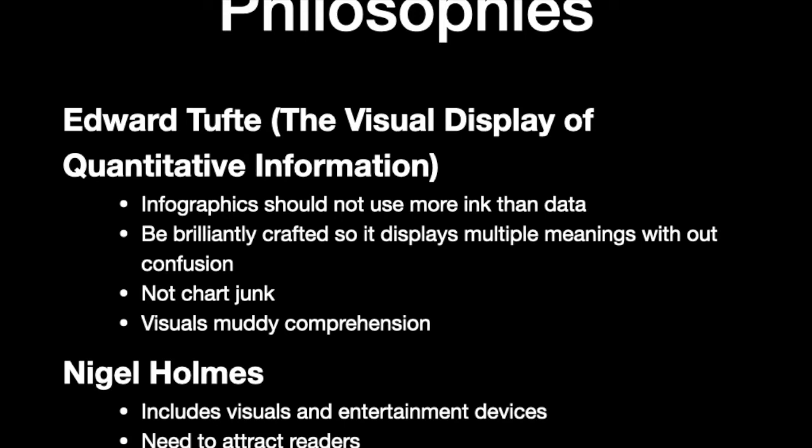He said that infographics should be brilliantly crafted as to display multiple meanings without confusion. Shouldn't have any chart junk, and by that he did mean illustrations and fluff. And he really thought that visuals muddy comprehension of the data.